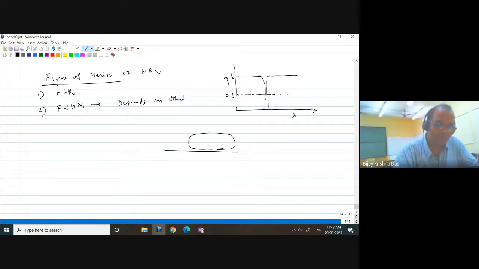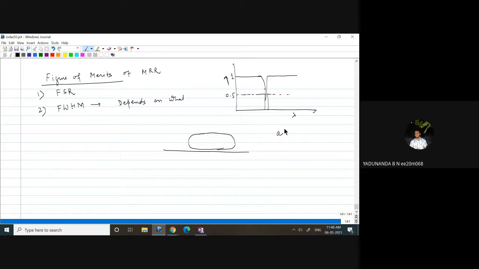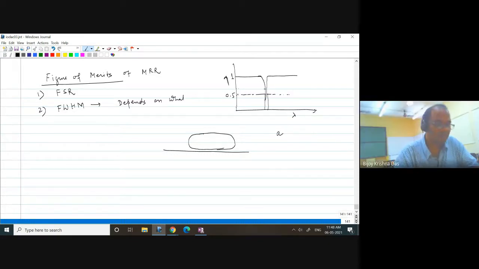We have used one parameter, you remember, that is A. What is that? Loss factor, that is e to the power minus alpha L, right? So I have considered loss. Depending on that A, the value of FWHM is there.